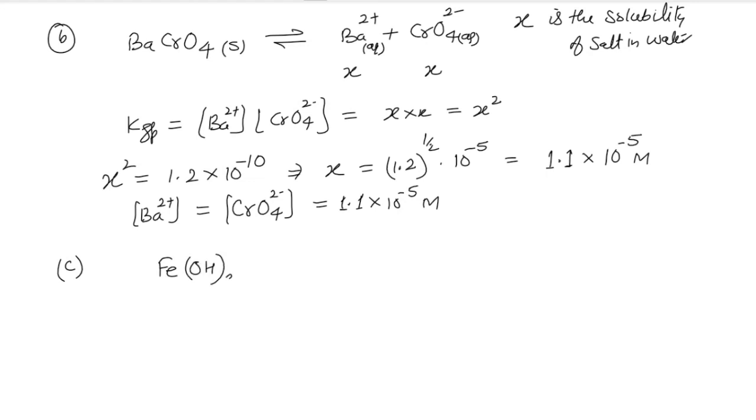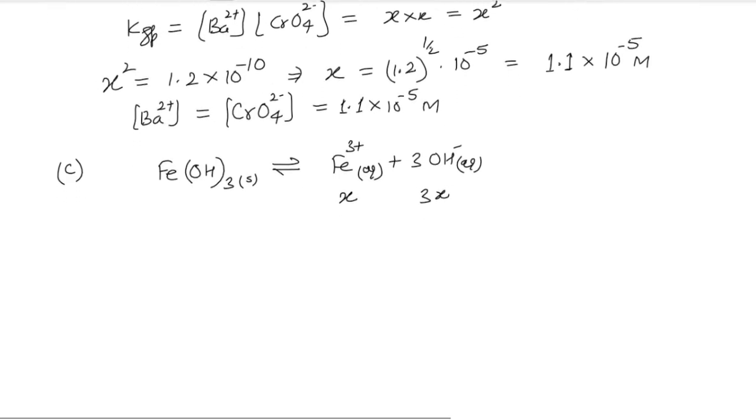Ferric hydroxide in water gives 1 Fe3 plus ion and 3 OH negative ions. The solubility of ferric ion is X, and the solubility of OH negative ion is 3X, because X is taken as the solubility of this salt in water.